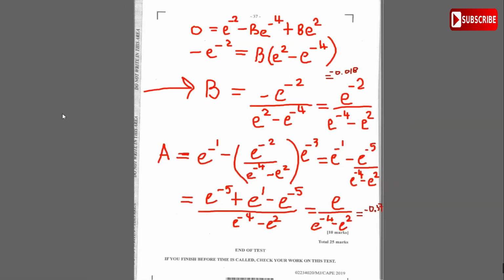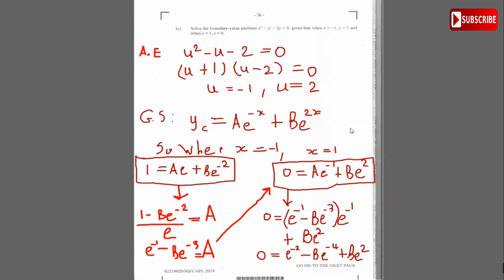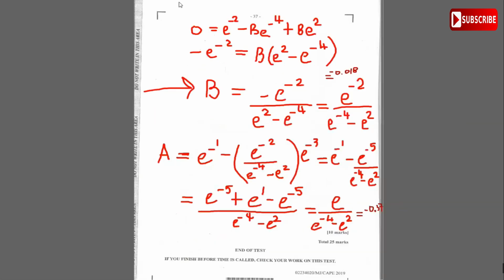And so now remember the solution was a e to the minus x. So finally we're going to write the solution right here. So y, which we know was a e to the minus x plus b e to the 2x.